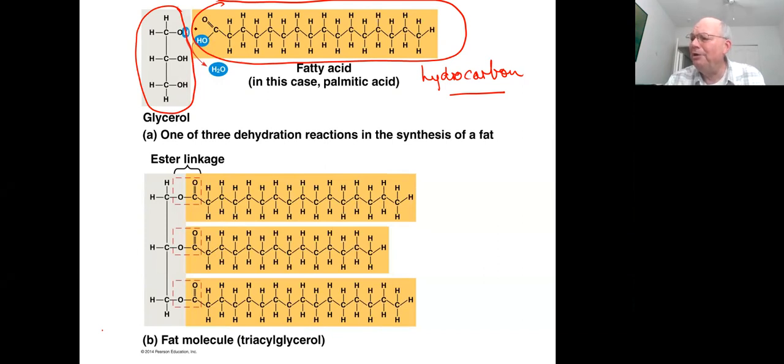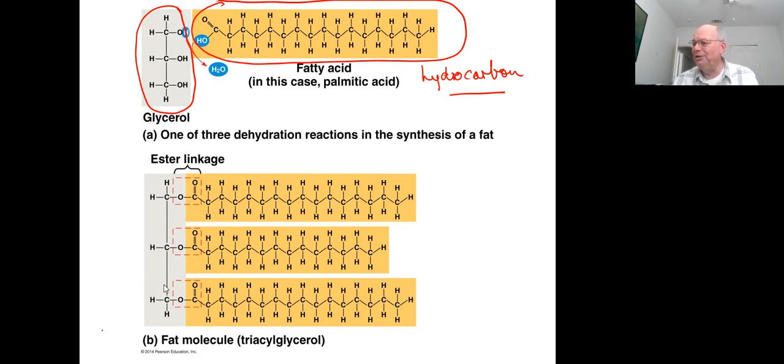It's going to be the OH group and the carboxyl group that are going to form the link that links the fatty acid to the glycerol backbone. So what we wind up forming is what is referred to as an ester linkage.